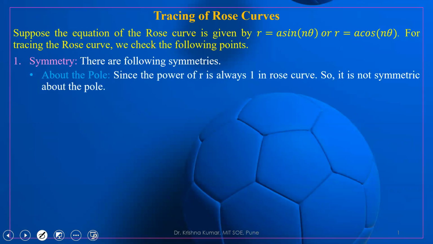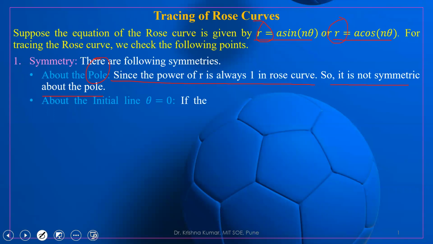If we see the equation of the Rose curve, r equal to a sin n theta or r equal to a cos n theta, the power of r is always 1, so it is not symmetric about the pole.